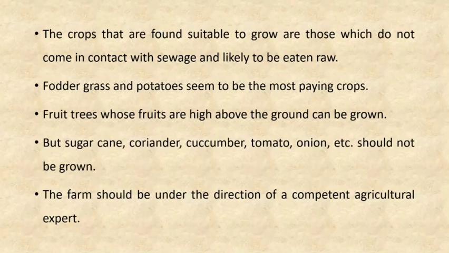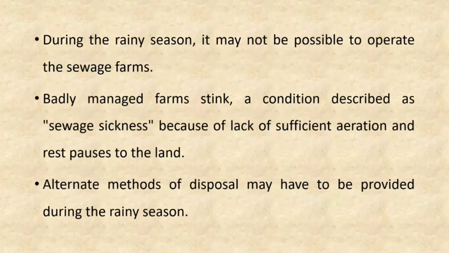Fruit trees whose fruits are high above the ground can be grown, but sugarcane, coriander, cucumber, tomato, onions, etc. should not be grown. So the farm should be under the direction of a competent agricultural expert.